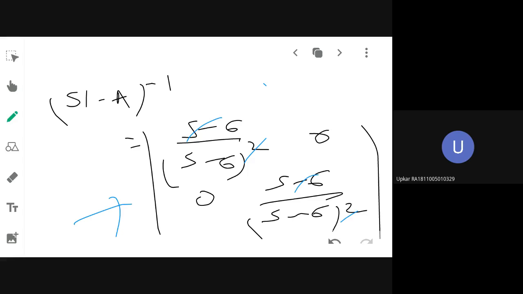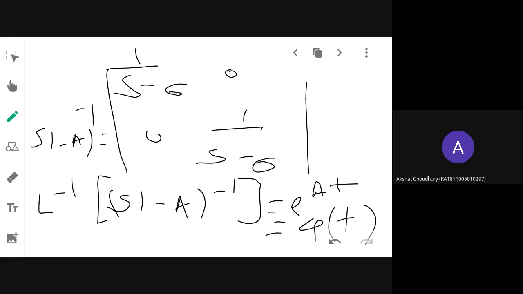So what is the answer for (sI minus A) inverse? 1 by (s minus sigma) whole square. 1 by (s minus sigma), then 0, then 0, 1 by (s minus sigma). Okay, so that is the answer that you will be getting for mathematical manipulation.